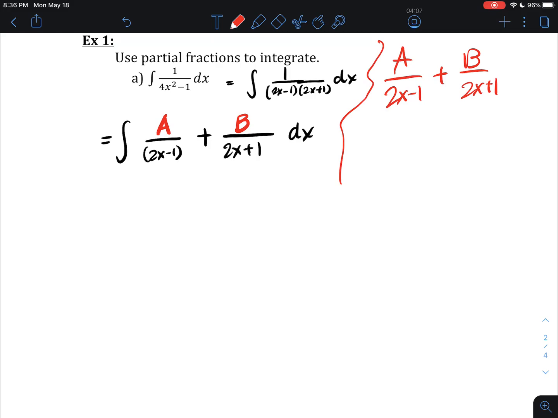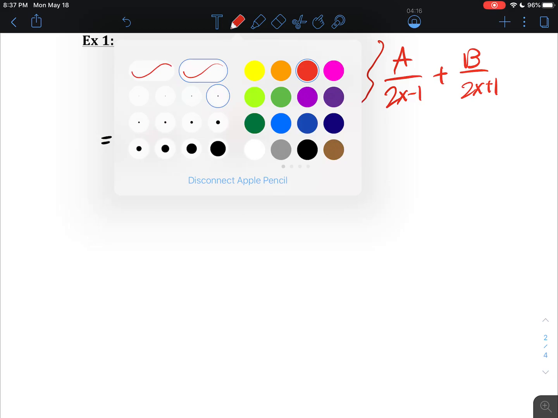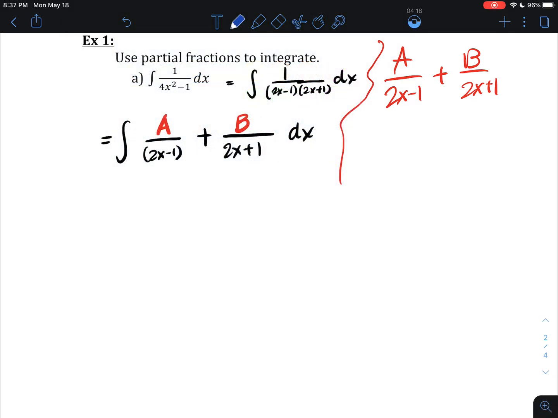Okay, so I want to rewrite this addition as one denominator. Yes, I know, we just separated it. It's okay. So the LCD is going to be 2x minus 1 times 2x plus 1. So 2x plus 1 and then 2x minus 1.